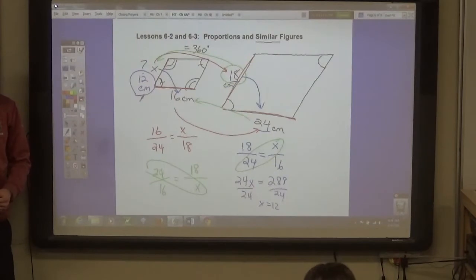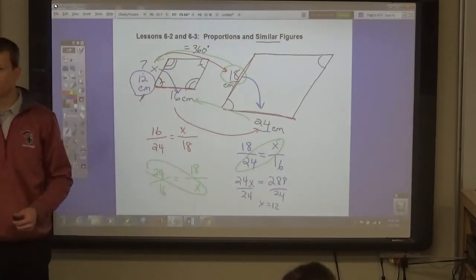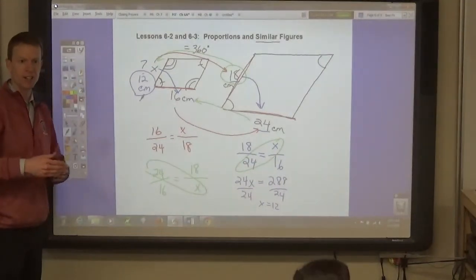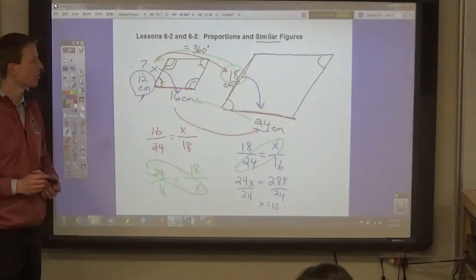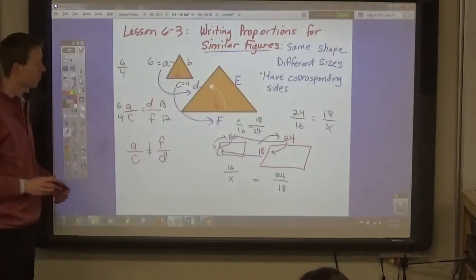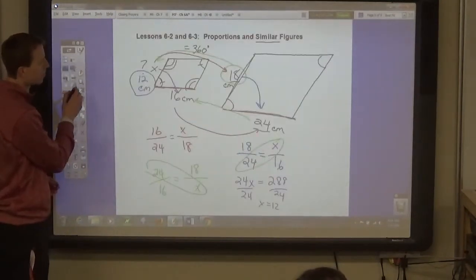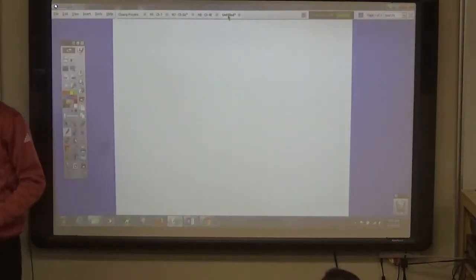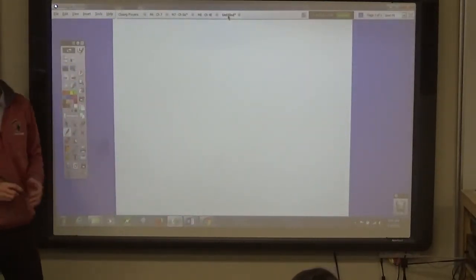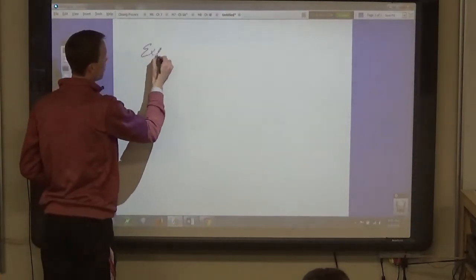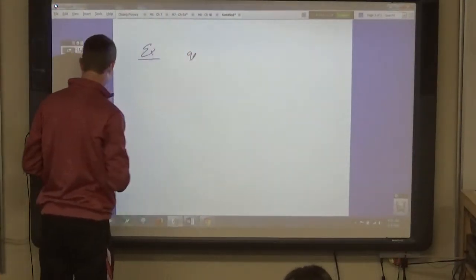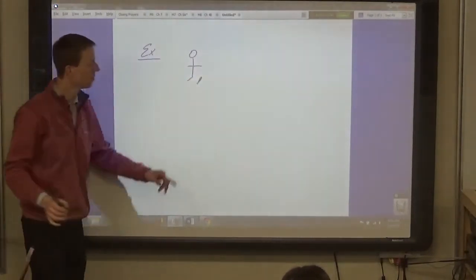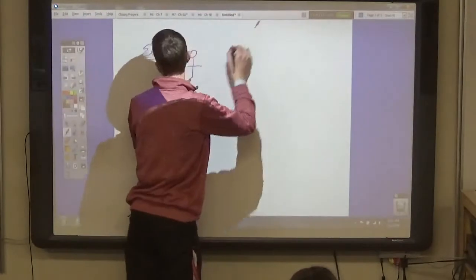Now, when we're shooting the rockets off, we're doing something very similar to this. We're measuring and we're using that angle to find the length. Think about it this way. Look at this example from page 304. In this example, we have a person and a tree.